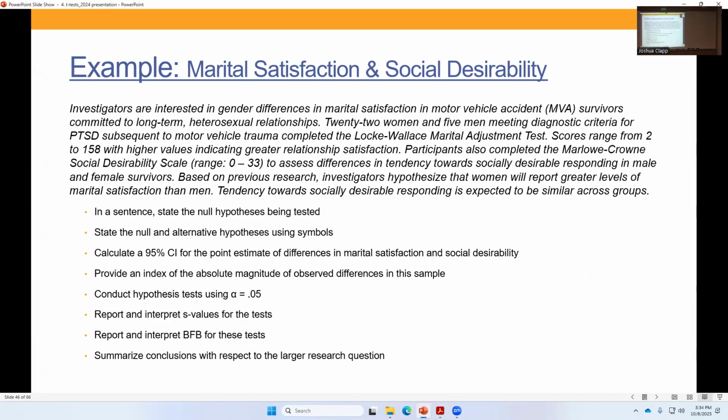Feeling okay with the concept behind our independent samples t-test, understanding the considerations we're working on with this? Okay, cool. All right, so we're going to go through an actual data example here.